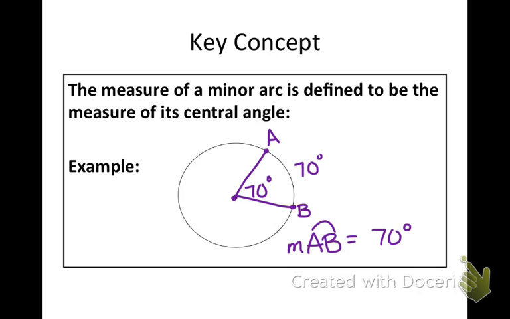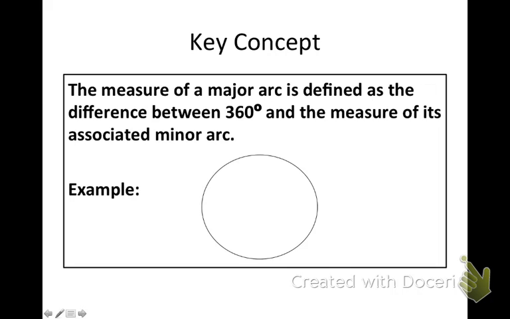So if the minor arc is 70 degrees, what would be the major arc? Let's recreate that same diagram. Make your central angle, an angle that looks to be about 70 degrees. Let's label it AB again.